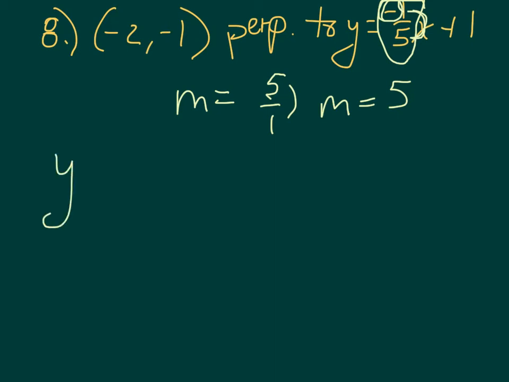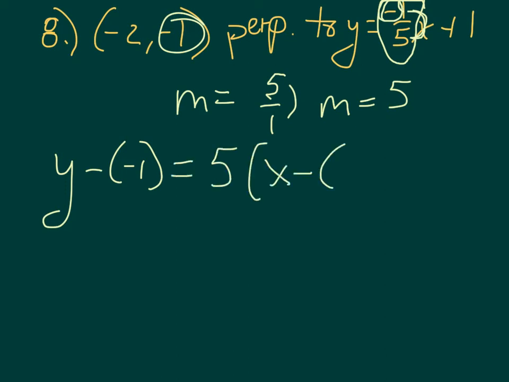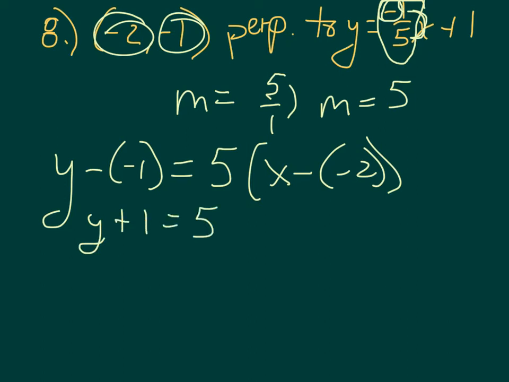So here we go, y minus negative 1, there's y1 right there, equals m, which is 5, times x minus negative 2. And there's x1. So let's work through this. y plus 1 equals 5 times x plus 2. y plus 1 equals 5x, right?